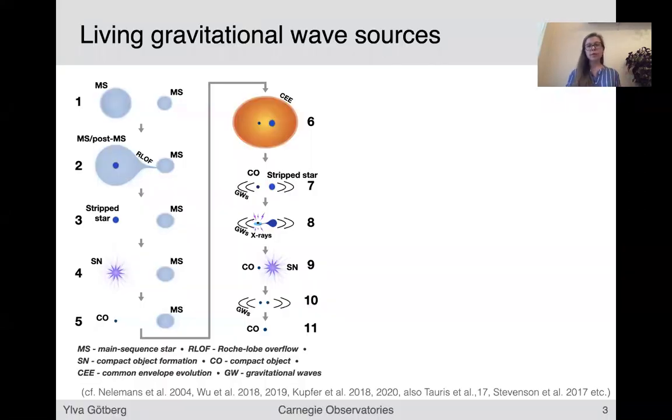So we are all probably familiar with this evolutionary sequence that is becoming a sort of standard sequence leading to the merger of binary neutron stars, binary black holes, or to some extent double white dwarfs. But since I work on binary evolution, I will take the time to go through this sequence.